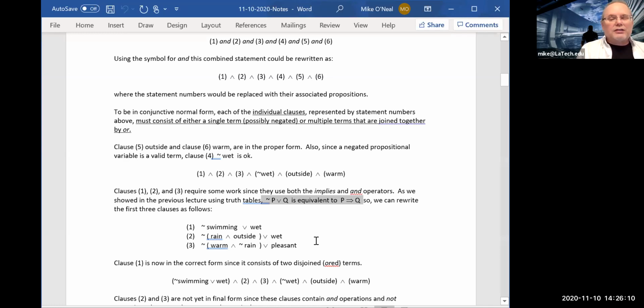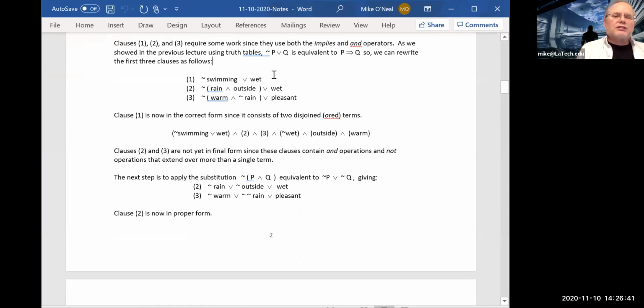And we can rewrite warm and no rain implies pleasant as not warm and no rain as a unit or pleasant. So all we did here was use the equivalence that we learned last time to get rid of the implication and replace P implies Q with not P or Q. Okay.